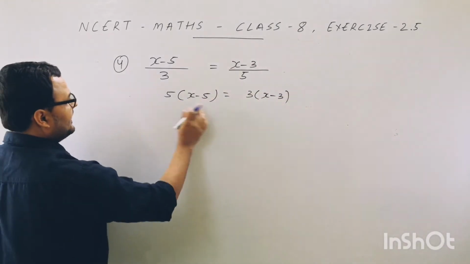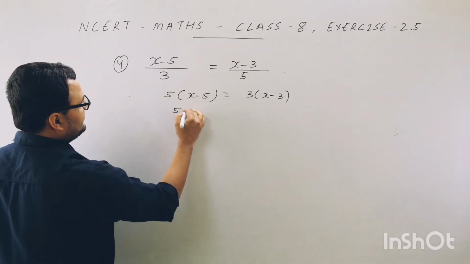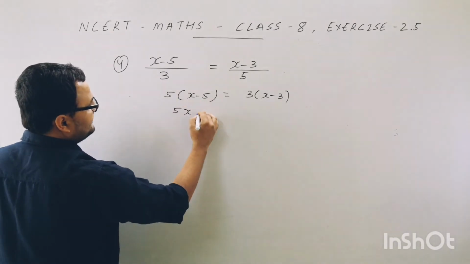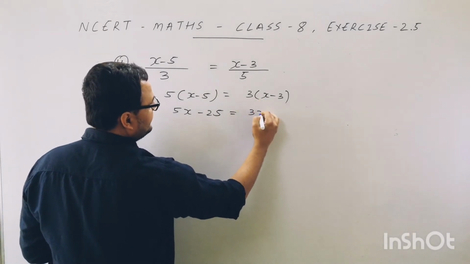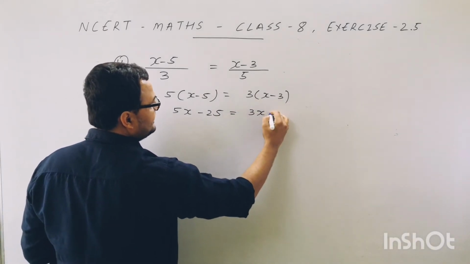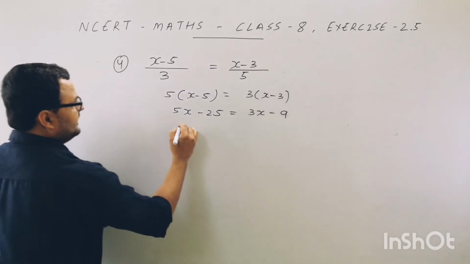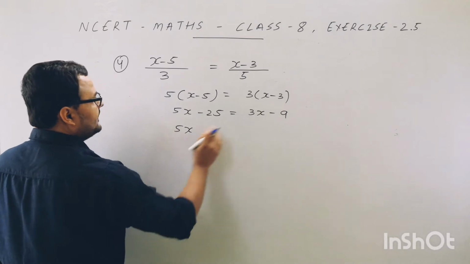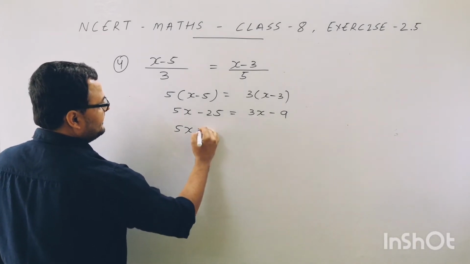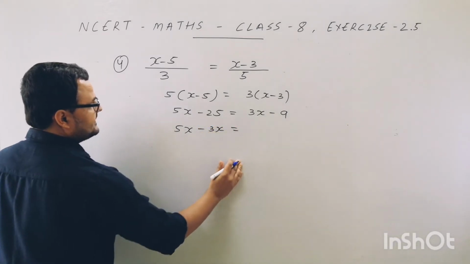Now simplify the brackets. 5 into x, 5x, 5 into minus 5, minus 25. 3 into x, 3x, 3 into minus 3, minus 9. Now again the same thing, variables on the left hand side. 5x, this 3x will come this side, so minus 3x.